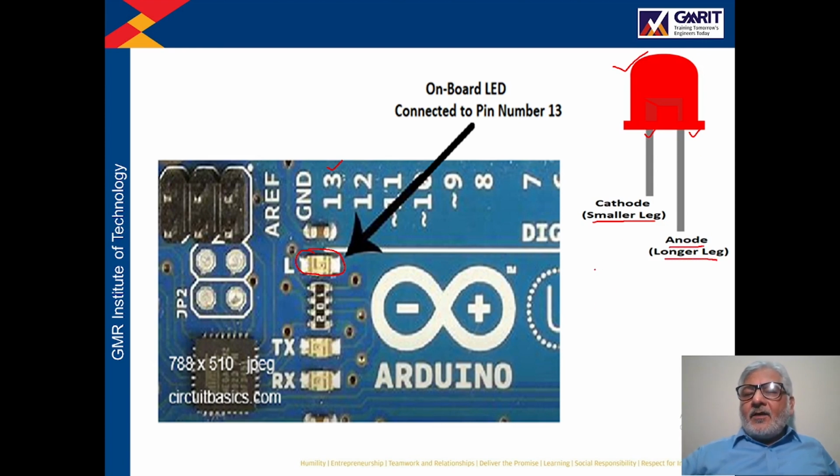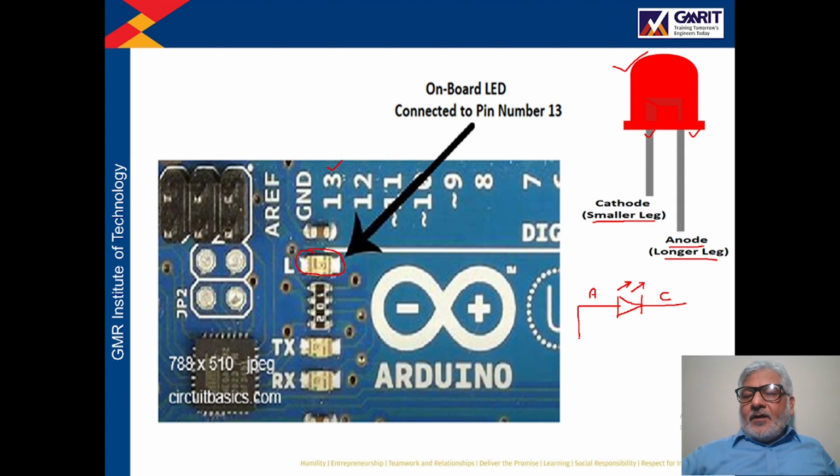So the symbol of LED is like this, right? These arrows show that when LED is on, light emits. So here this side is your anode, and this side it is cathode.